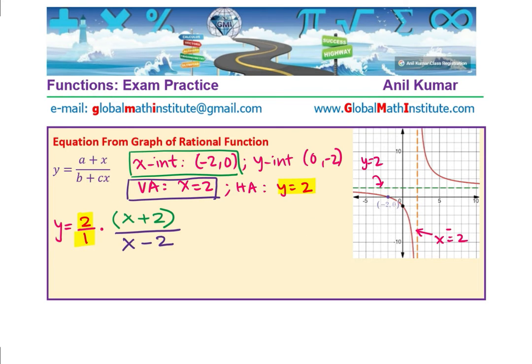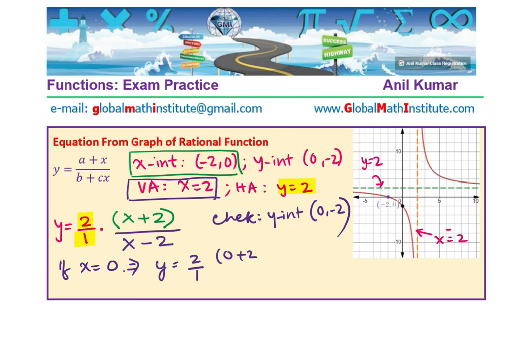Now, how do we exactly check the graph? To check our answer, let's check with the y-intercept, the point which is left to check, which is (0, -2). If I substitute 0 for x, we get y equals 2 times 0 plus 2 over 0 minus 2.